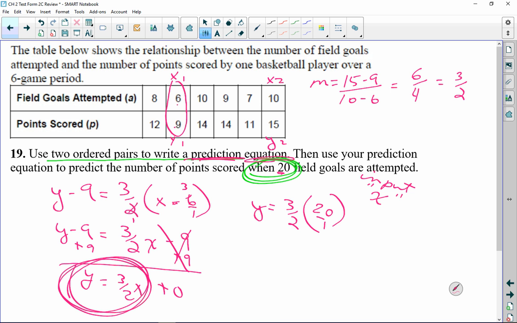Put that over 1, and then just multiply. 3 times 10. So he can expect to make probably 30 goals if he tries.